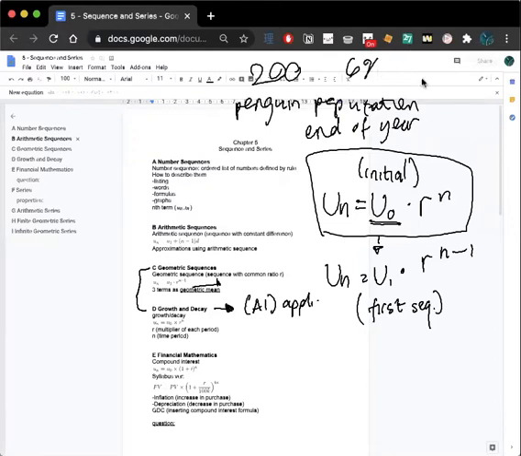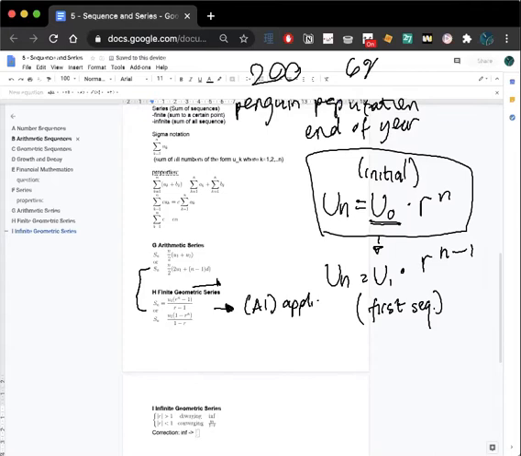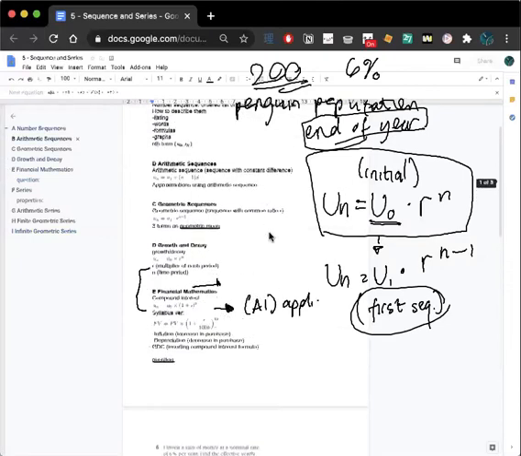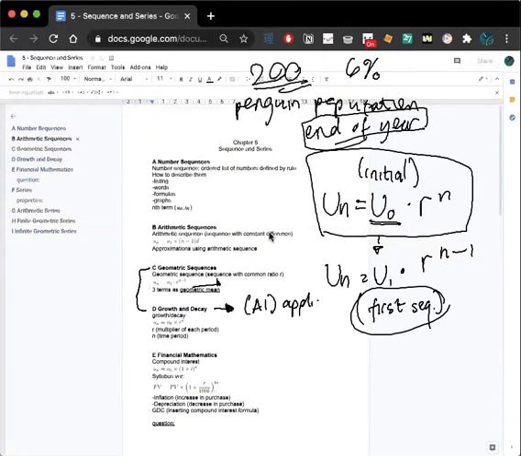Since they ask in the end of the year, they expect the growth to already happen. And thus we can just skip the first term because the first term is already existing. They just want the next sequence in the end. I'm not sure if I phrased that correctly, but I hope you guys can understand what I'm talking about. Yeah, I just removed this. All right.